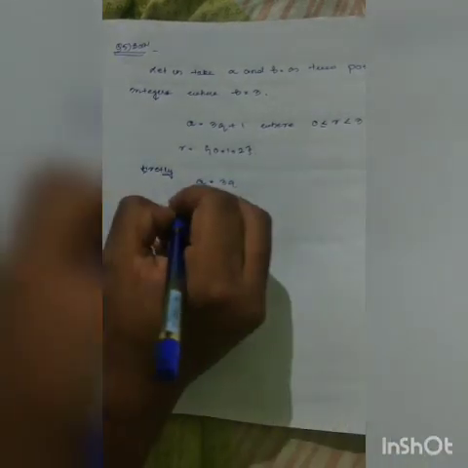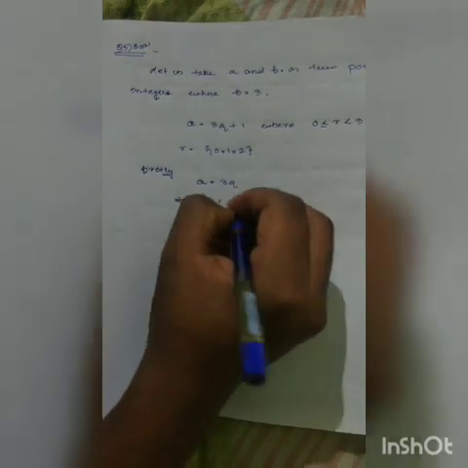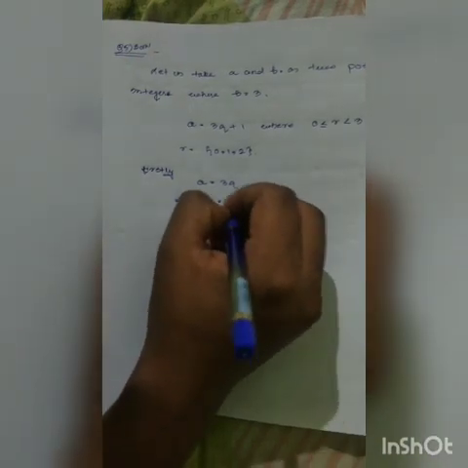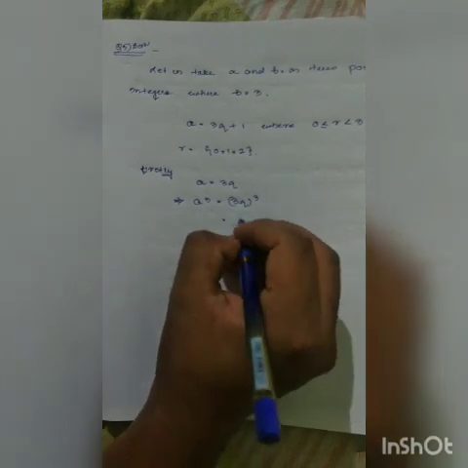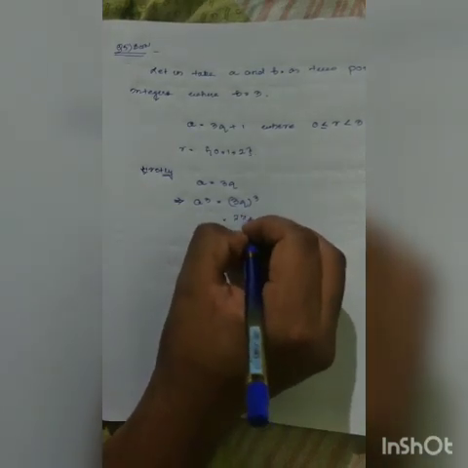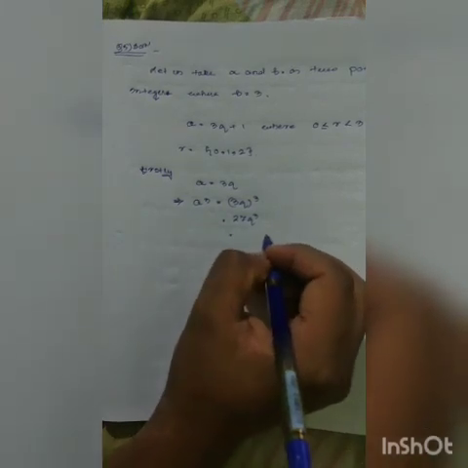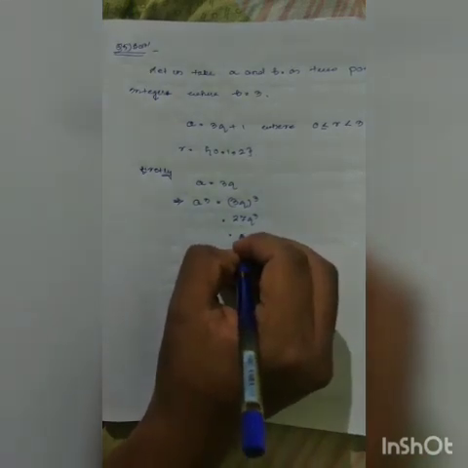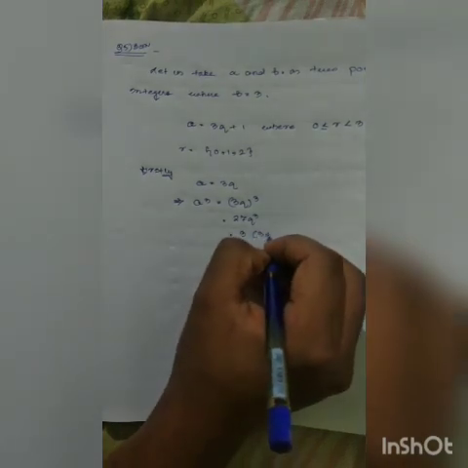So cubing both sides, we get a cube is equal to (3q) cube. So when we cube 3q, we get 27q to the power 3. So 27 can be written as 9 multiplied with 3q to the power 3.